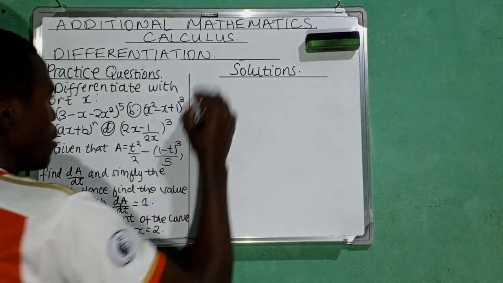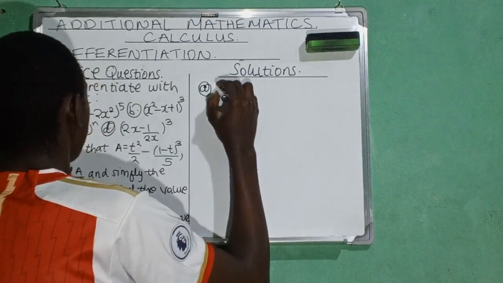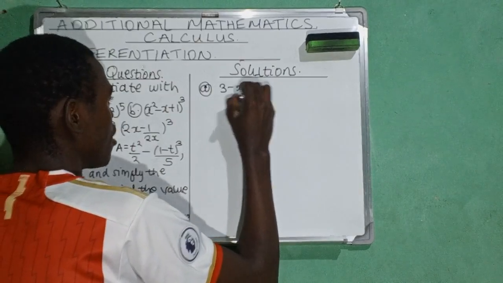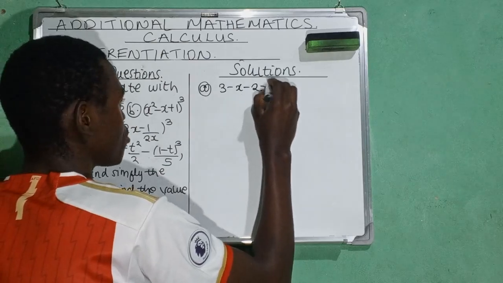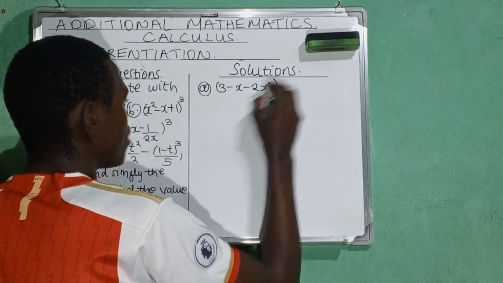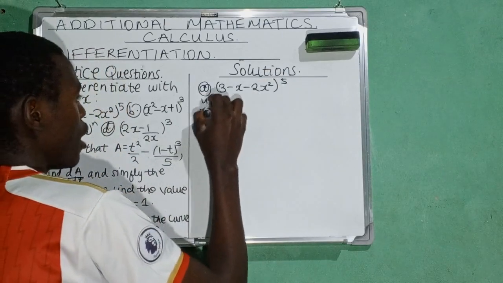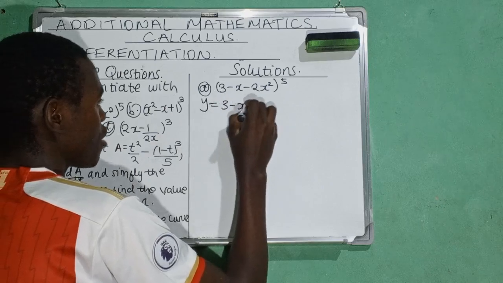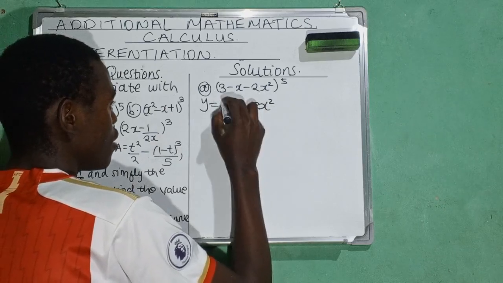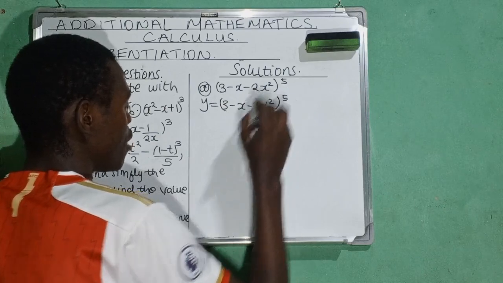So let's start with a. For our a, we have 3 minus x minus 2x squared, all of that raised to the power 5. So we will say y is equal to 3 minus x minus 2x squared, everything raised to the power 5.